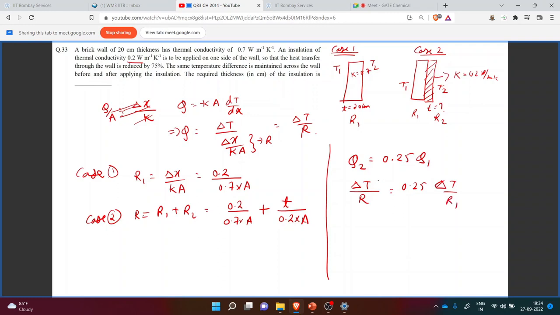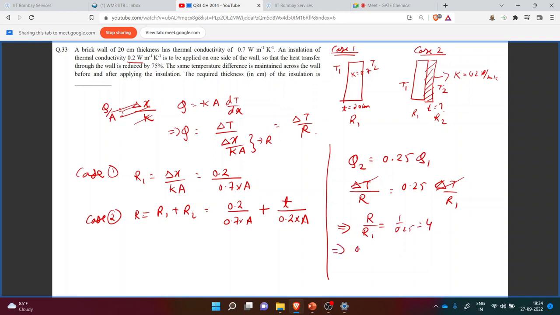Delta T, the temperature difference across both the cases, is the same, so we can cancel that. That is, we will have R upon R1 equal to 1 upon 0.25, equal to 4.